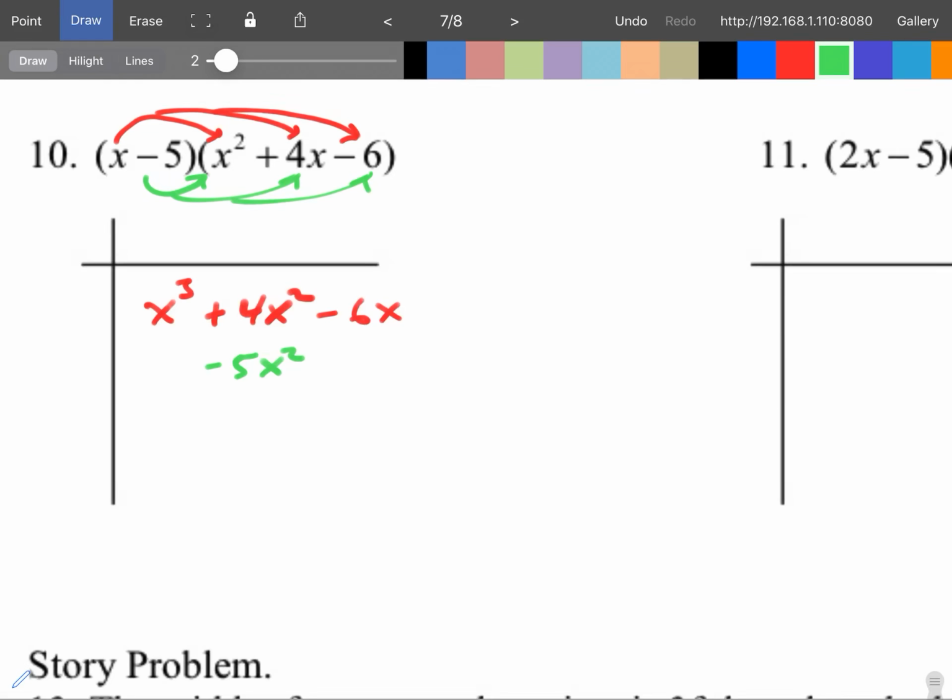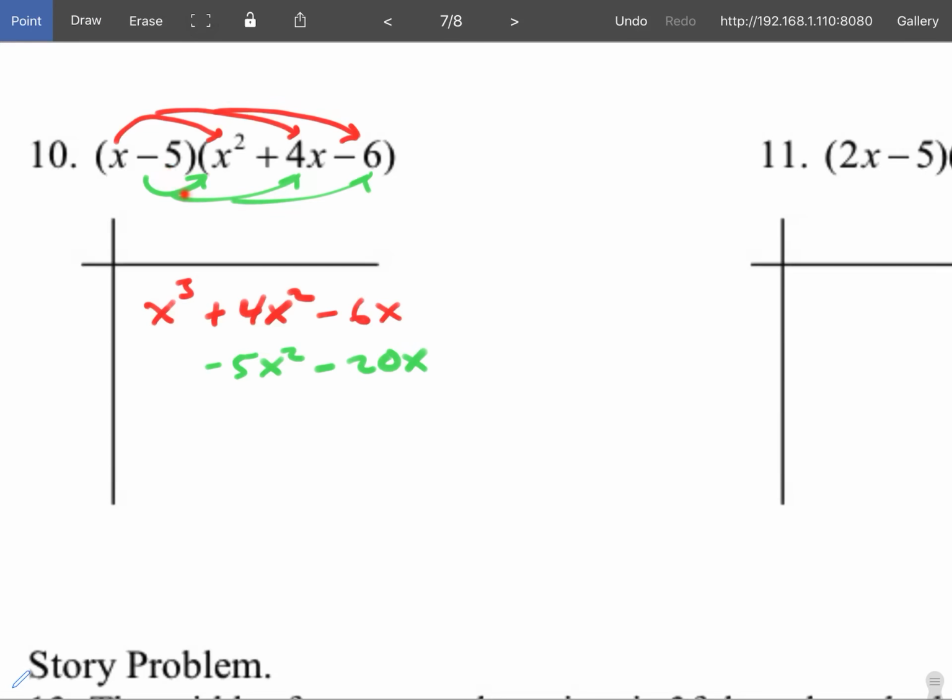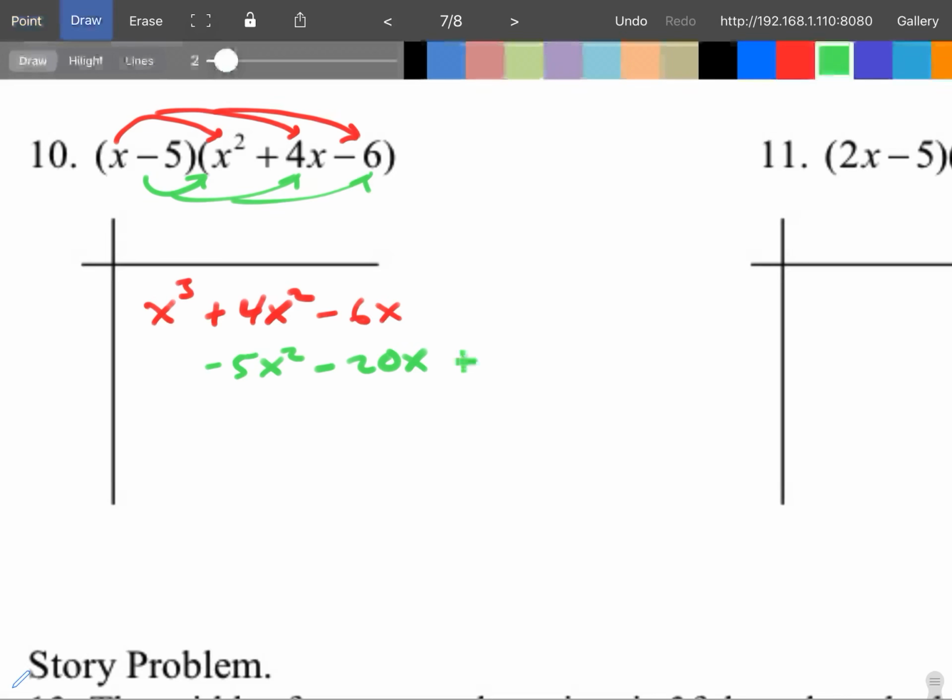So that's going to give us -20x. And again, I'm going to write it underneath that -6x because I know that those are like terms. So I got a -20x. And then all I got to do to finish then is I've got to do the -5 times the -6. So if I do the -5 times the -6, that should give me a positive 30.